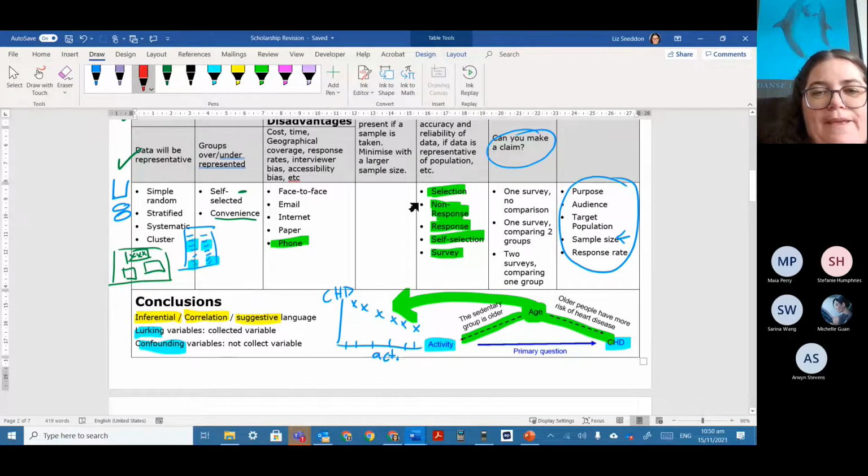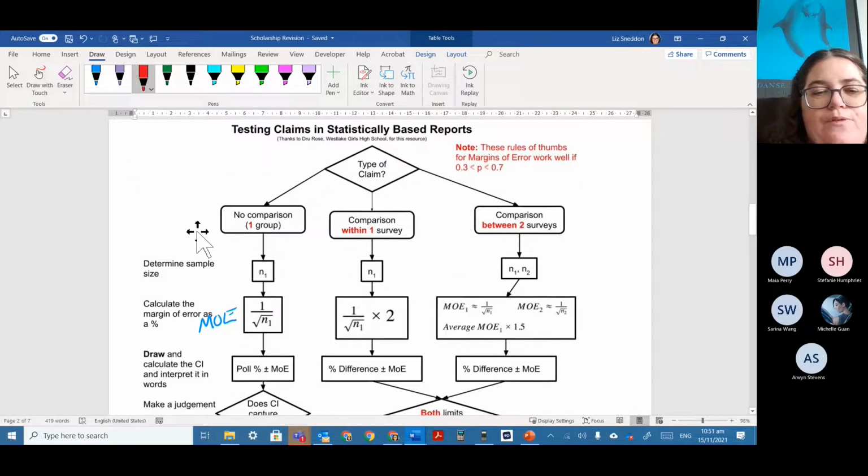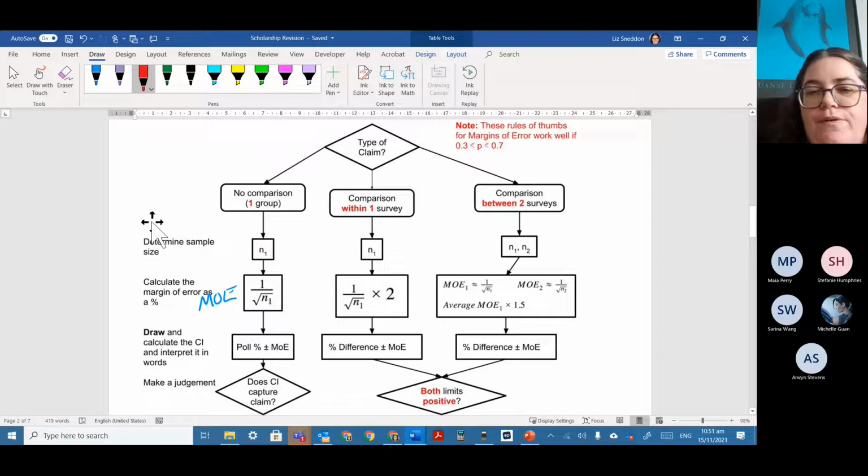Alrighty, so that's about collecting data and so on. And this is a little reminder about our confidence intervals. So 3 types of scenarios. I have my no comparison. So this might be, for example, I just want to know what percentage of people voted for Labor.